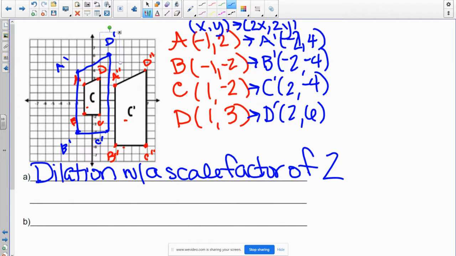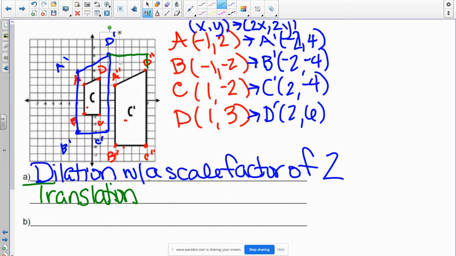We already did the dilation. So what's left would have to be a translation. So a translation, and we're going to come out with the details. Let's go D prime to D double prime. So 1, 2, 3, 4, 5 to my right, and 1, 2 would get it on top of the C prime figure.